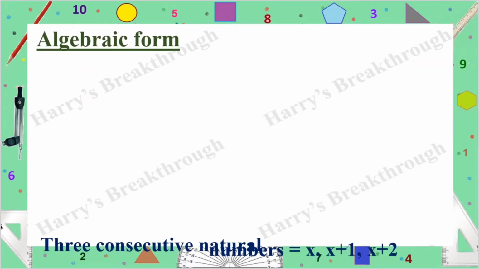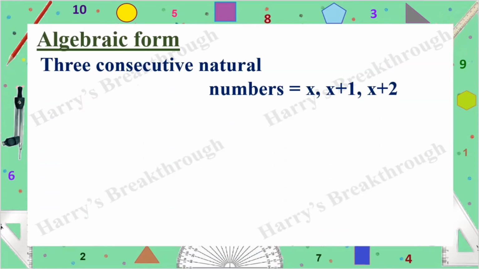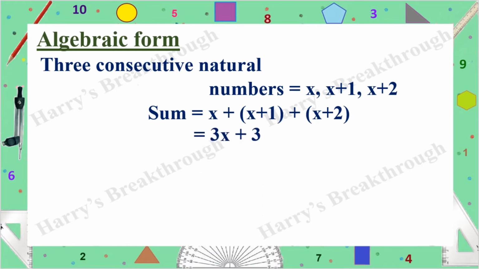So let's take the three consecutive natural numbers as the first number x, the next number x plus 1, and the third number x plus 2. Now let's add these three numbers, x plus x plus 1 plus x plus 2. Here there are 3x and 1 plus 2 is 3. So 3x plus 3.